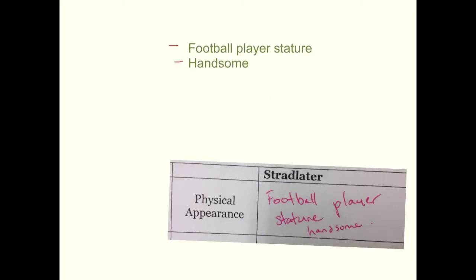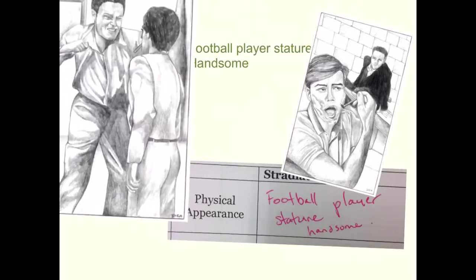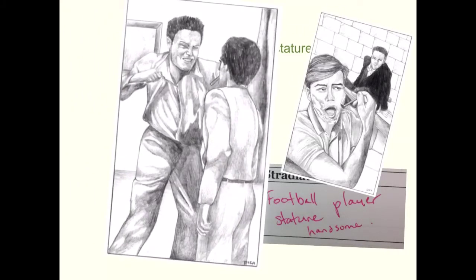Stradlater is interesting because he's able to get all the girls that Holden would ever dream of getting. When I think about Stradlater in my head, I think of a couple of different people, so I'm going to show you a few examples. We'll start with the picture on the left here. This picture shows Stradlater and Holden having a conflict in the washroom.